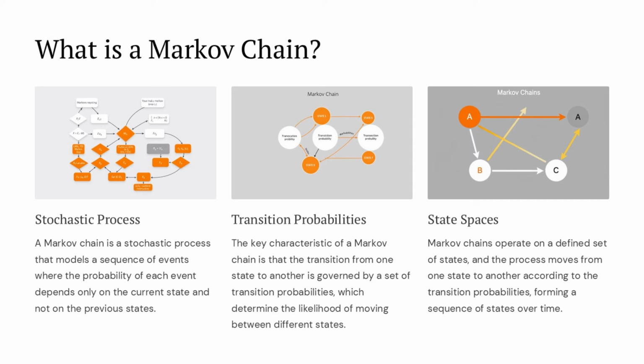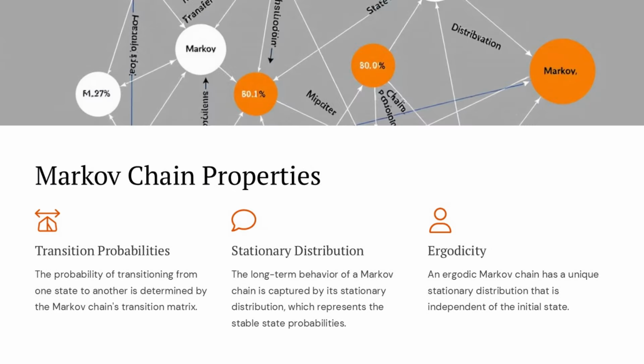patterns to financial markets. Markov chains are a powerful mathematical tool for modeling and analyzing sequential decision-making processes. The key properties we'll discuss today are the transition probabilities, stationary distribution, and ergodicity. Transition probabilities describe the likelihood of moving from one state to another in the Markov chain. These are captured in the transition matrix.